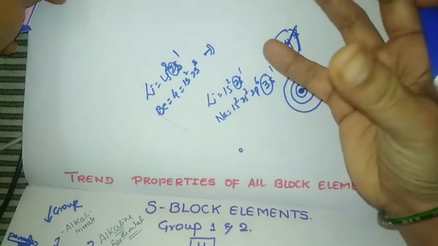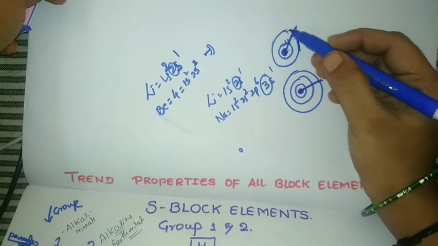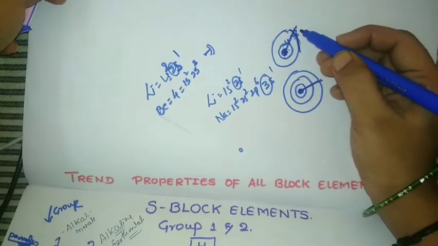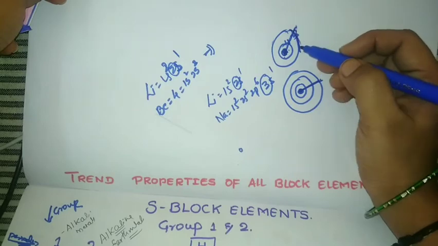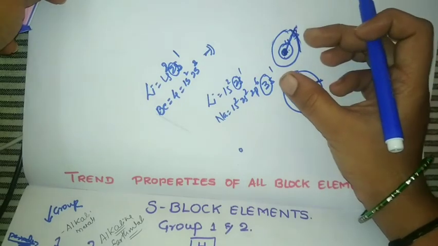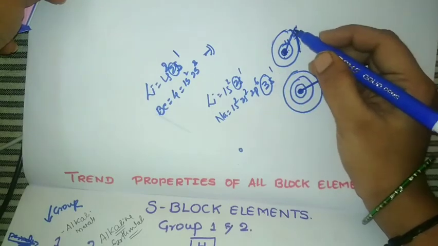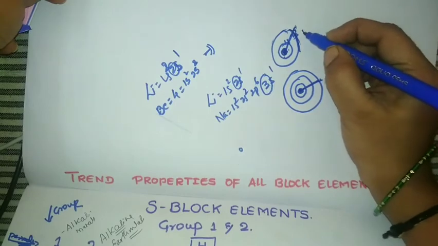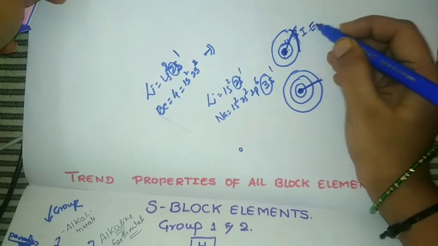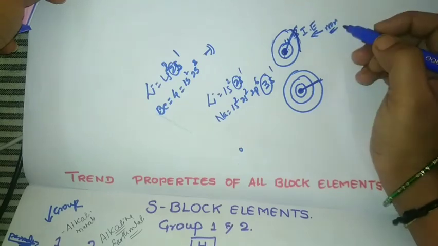So the size shrinks. If the outermost electron is strongly held, it is very difficult to remove it because of the small size, because of the effective nuclear charge, because of the strong force of attraction between the nucleus and the outermost electron. So the ionization energy that I need to provide is very high.